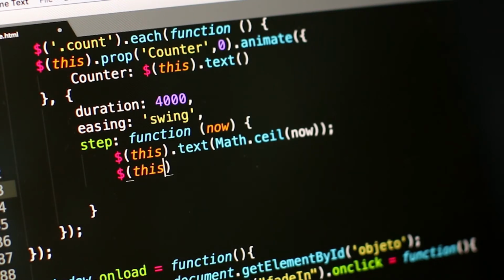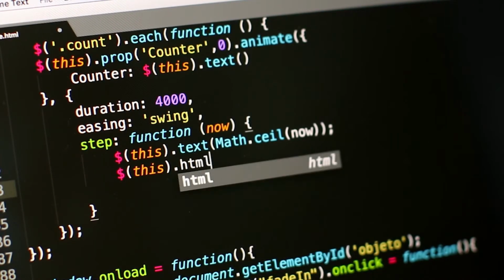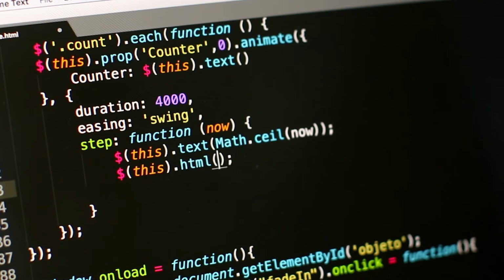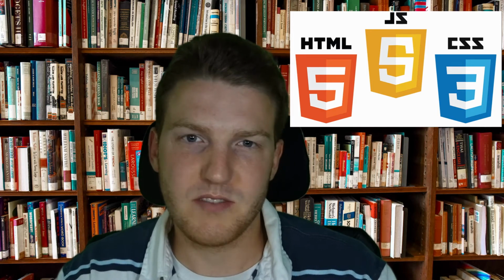So I started looking at some of these dumbed down hosts like Wix, and I quickly realized that they weren't going to be able to handle a project like this that required an SQL backend, and they really limited me to all the plugins that they had. So I tried to start writing HTML and JavaScript and CSS from scratch and making a website from scratch, and I quickly realized that this was going to be an insanely time-consuming project.